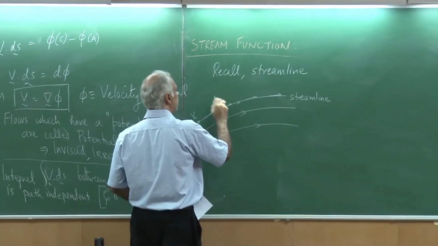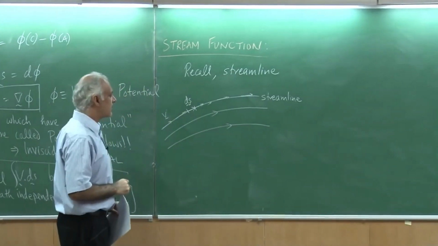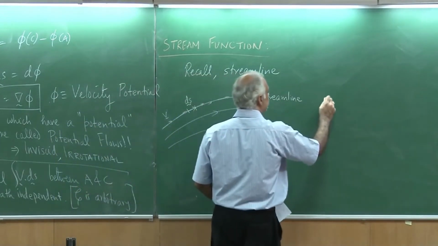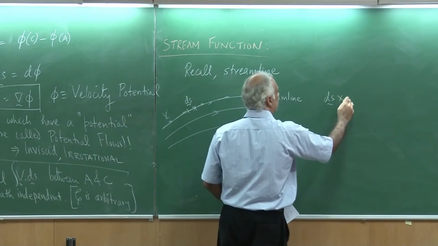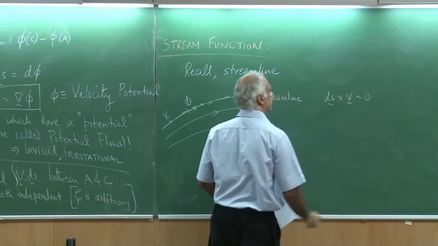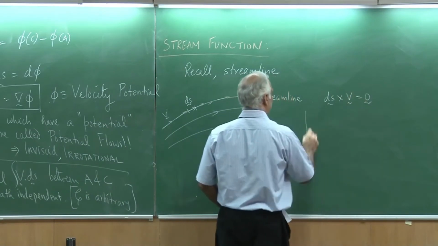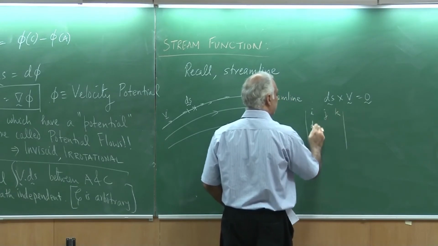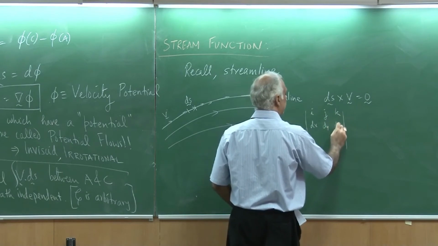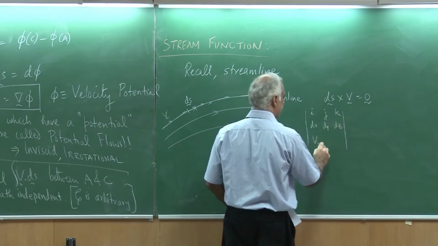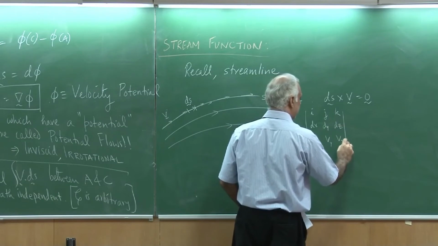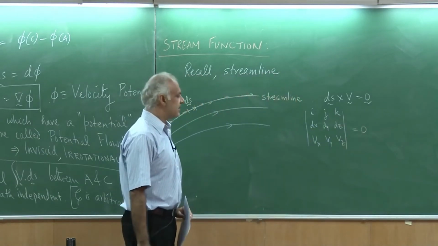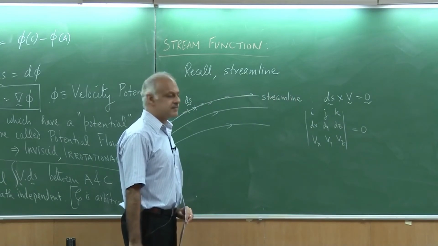Now, the way we defined a streamline, we had done this in an earlier session. If ds is a vector along the streamline and v is the velocity vector, then along the streamline ds cross v is necessarily 0, and therefore we were able to say that if I do the determinant of i j k, dx dy dz, vx vy vz, this is 0, and this would give me the equation for a streamline.